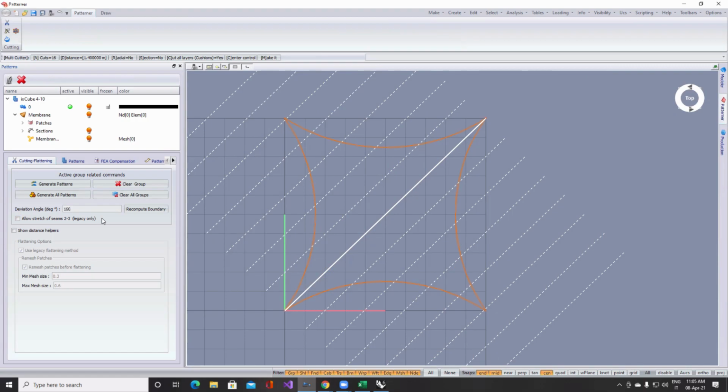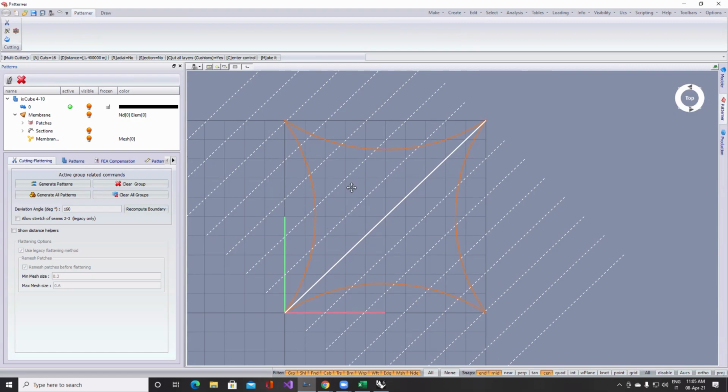Basically what we are saying to the software is, look, when you find that my pattern has 2 consecutive points where the angle between 3 points is smaller than 160 degrees, because generally we will have 180 degrees on a straight edge, it means that I have a corner point there. So keep it and treat it as an edge point.